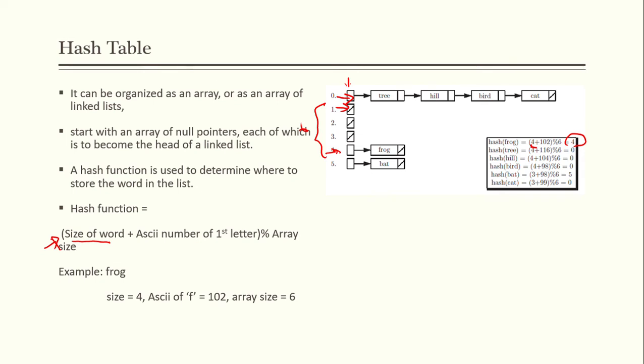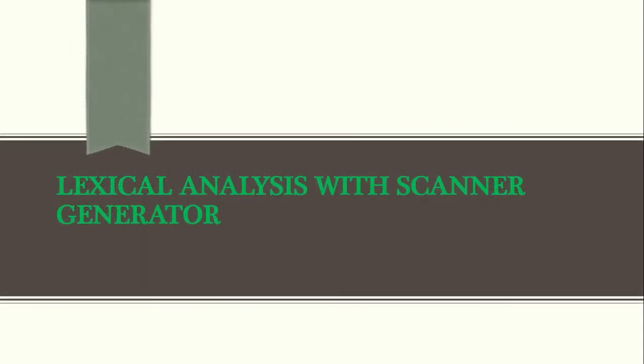Okay, so those are the tree and hash table implementation techniques for manipulating, inserting or processing data inside the table for a lexical analyzer. Next, we want to look into lexical analysis with a scanner generator. A scanner generator is a program created by the programmer in order to generate a compiler.